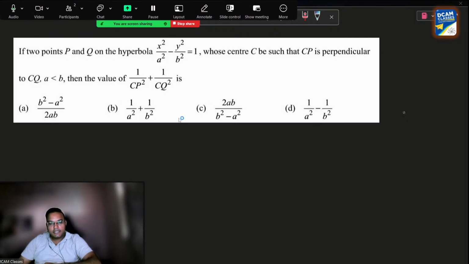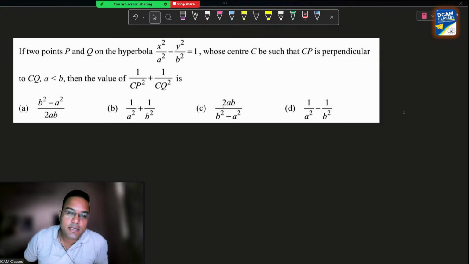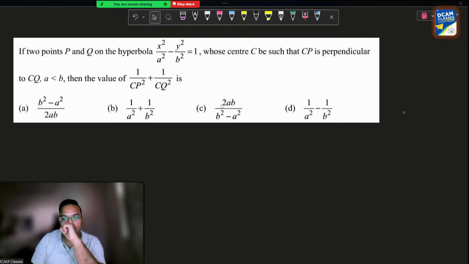But I think, Archie, in this question, it won't matter if a is less than b. If you solve using b greater than a or a greater than b, no change will be there, because we have to find 1 by one side square plus 1 by another side square. So it's the same. And they are actually perpendicular.